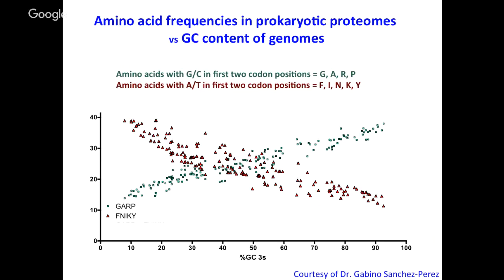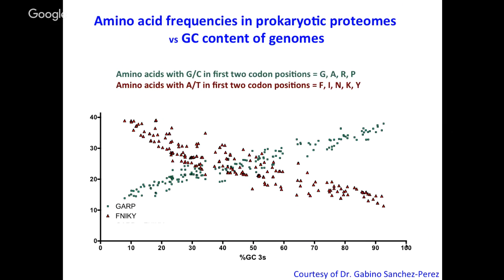If we actually just look at the amino acid composition of different proteomes, this is the overall amino acid composition of proteins encoded in a given prokaryotic genome. Each dot here represents that. What is depicted here is the GC content of that genome in the third codon position.